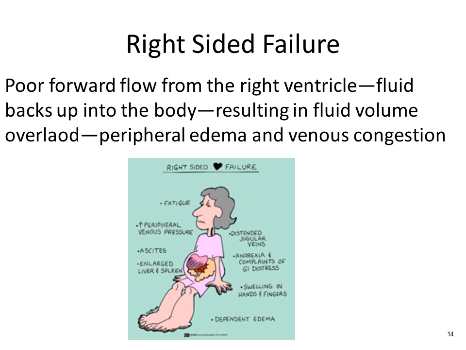Poor forward flow from the right ventricle backs up fluid into the body. And the result is fluid volume overload, peripheral edema, venous congestion. Different way to say the same thing. Fluid volume overload, peripheral edema, and venous congestion.